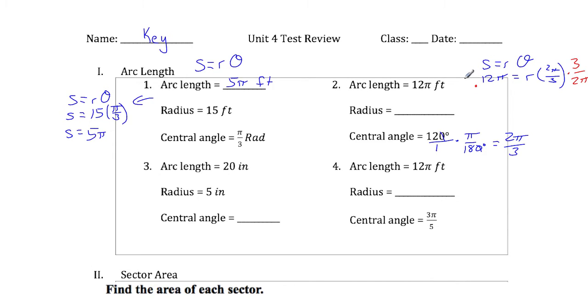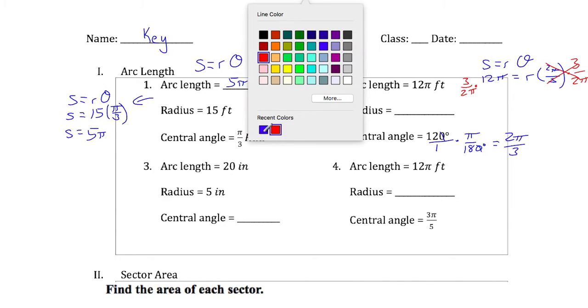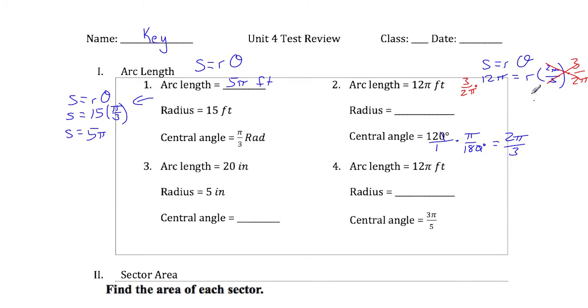And if we do that to one side, we have to do it to the other side. When we do that, these two cancel out, so we're left with R. R is equal to, the pi's cancel, and the 2 and the 12 reduce to 1 and 6. So we just get 18. So radius is 18. Again, arc length is feet, so this is in feet as well.